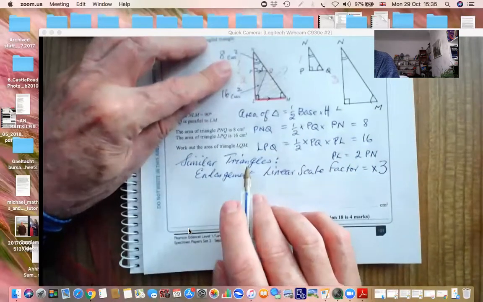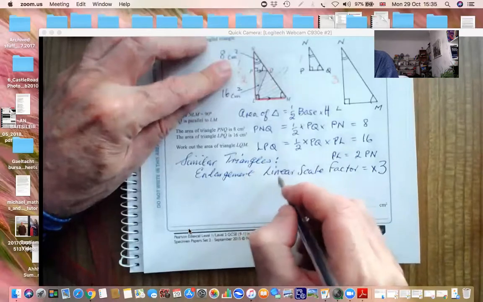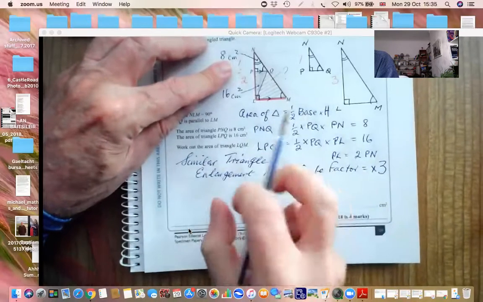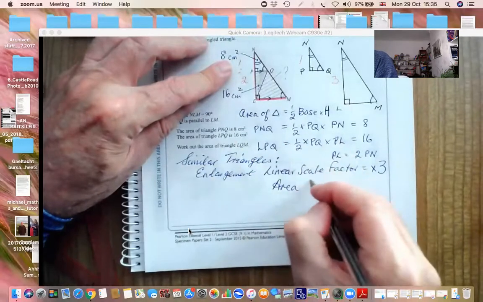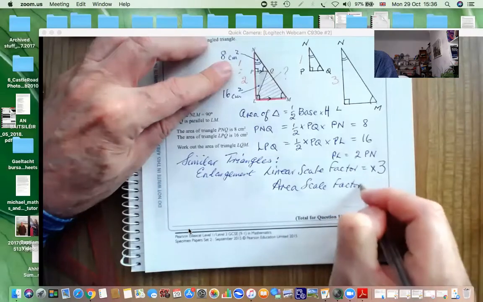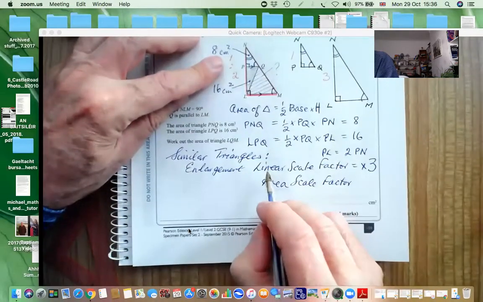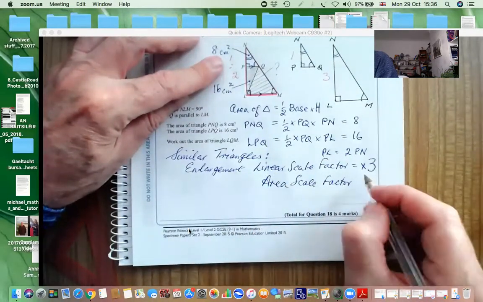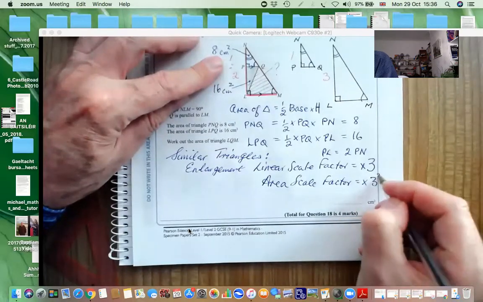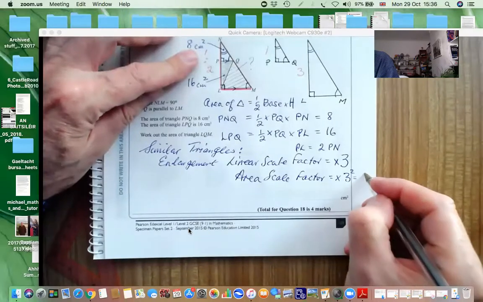Now that brings us, of course, to an area scale factor, because the areas are what we're really interested in. So we have to remember that if the linear scale factor is times 3, then the area scale factor is times 3 squared, which is times 9.